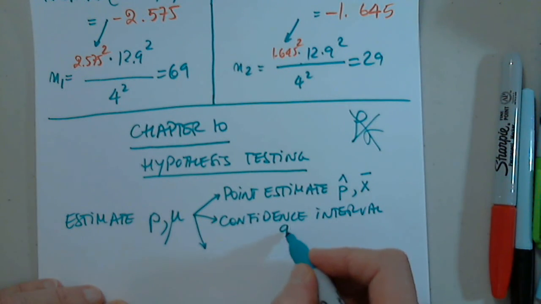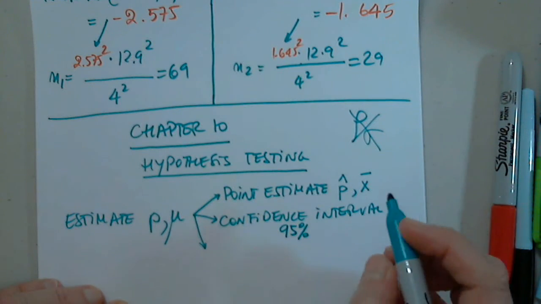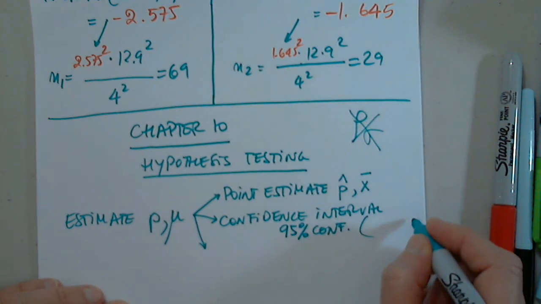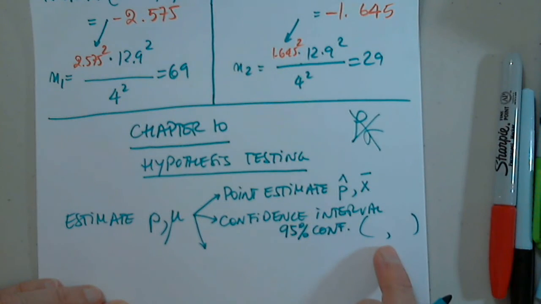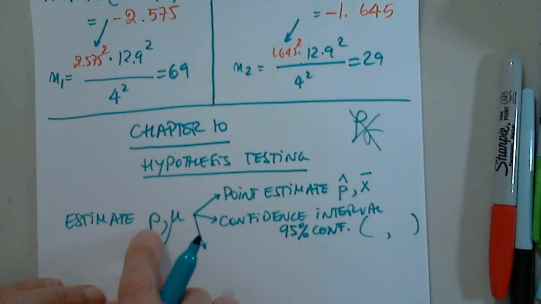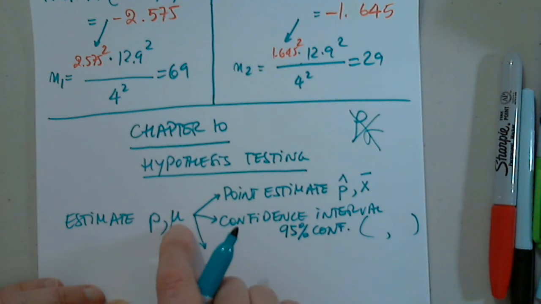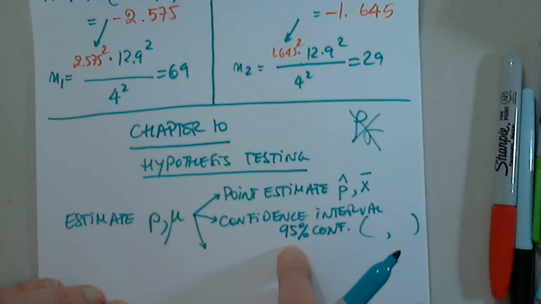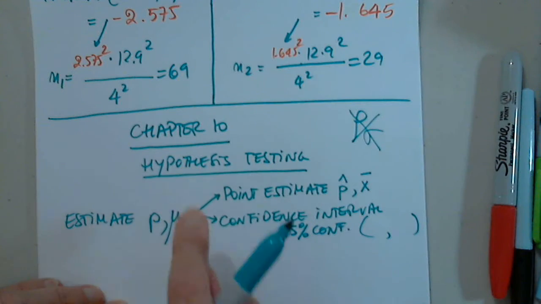I am 95%, as an example, confident that this particular interval contains the population proportion or the population mean. Okay, so this was the confidence level. I'm going to come back to that and compare the 95% with what we're going to do here.